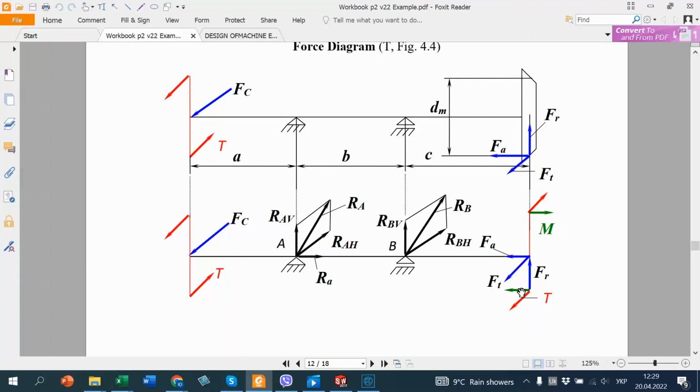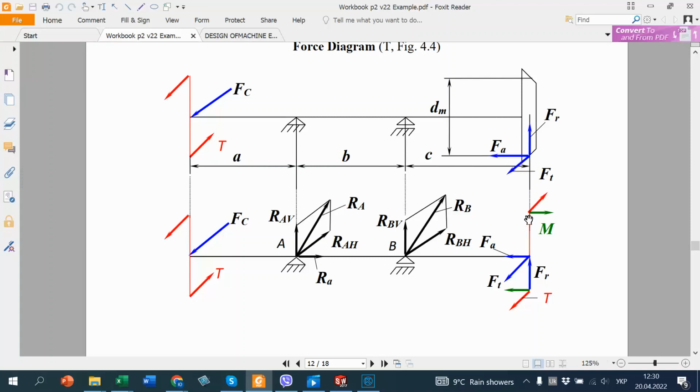So FA times dm divided by 2 will be M. Here is a point of contact, so M green is a moment which acts at this plane.